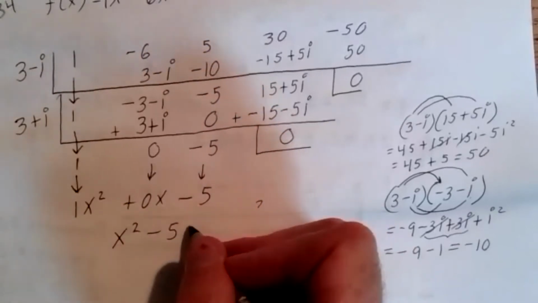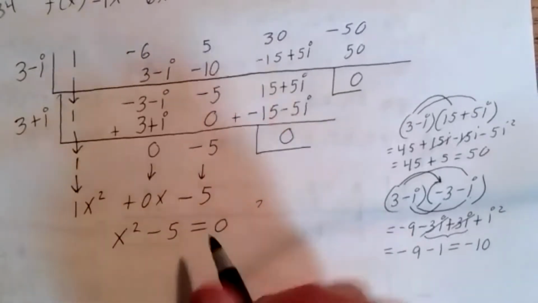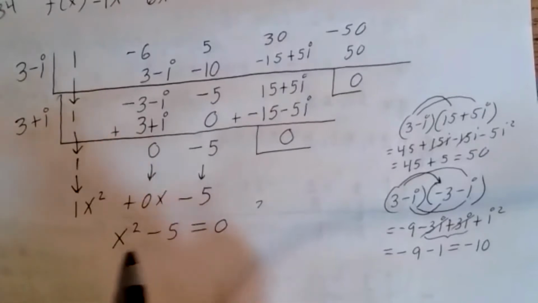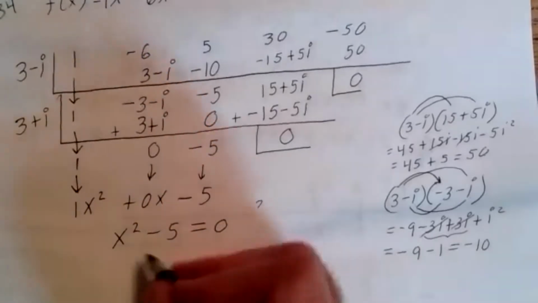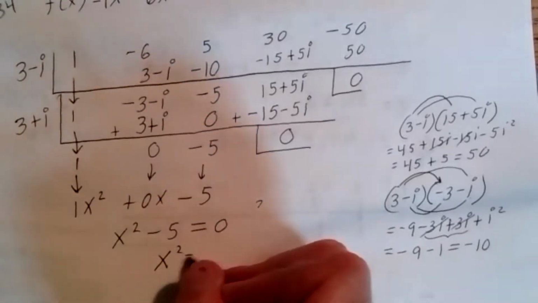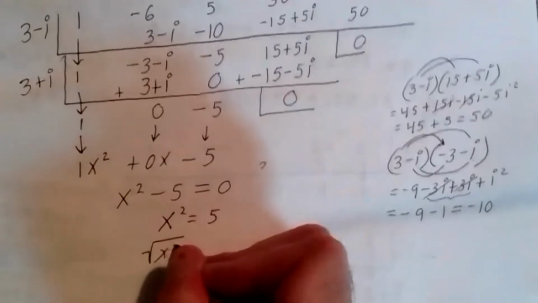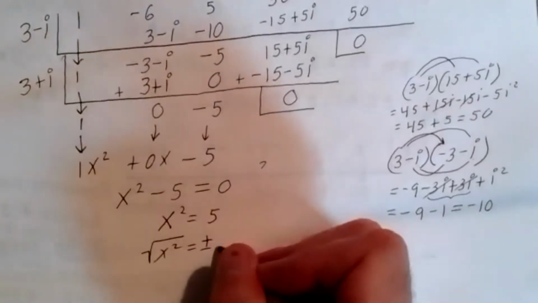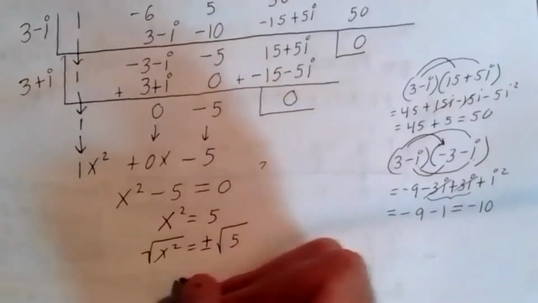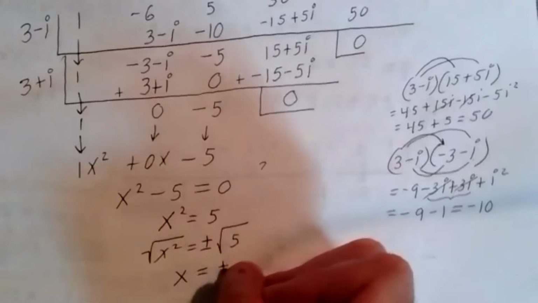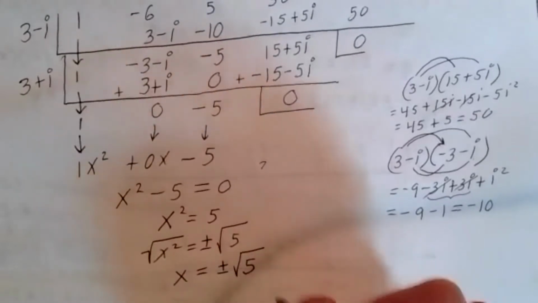To find the other 2 zeros, we set this equal to 0 and now solve this quadratic equation. To solve it, we will employ the square root method, which means we isolate the squared term on the left first by adding 5 to both sides. We take the square root of both sides. And so it looks like our 2 other irrational zeros would be positive or negative square root of 5.